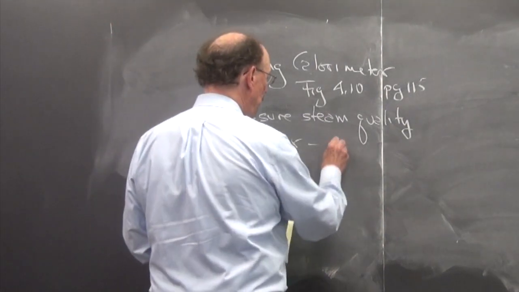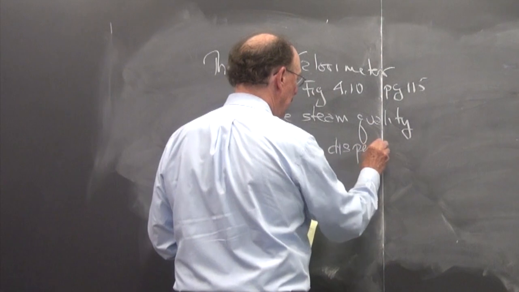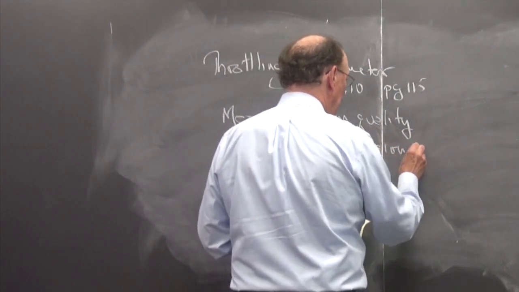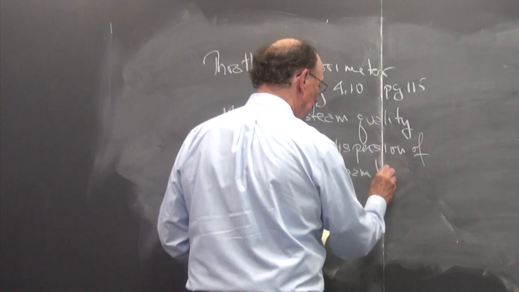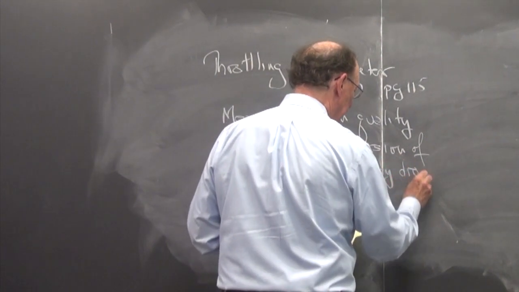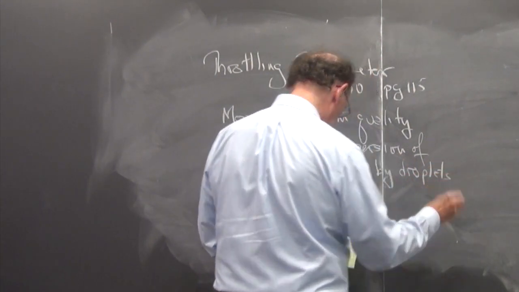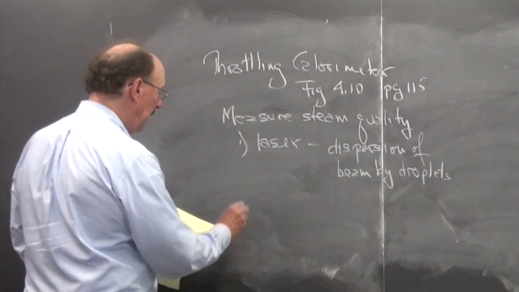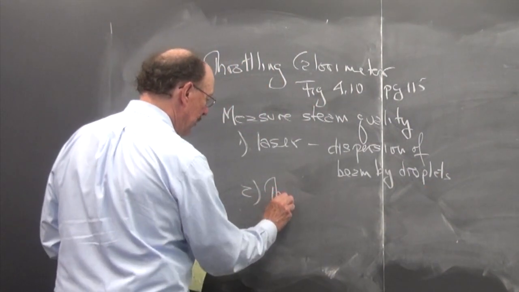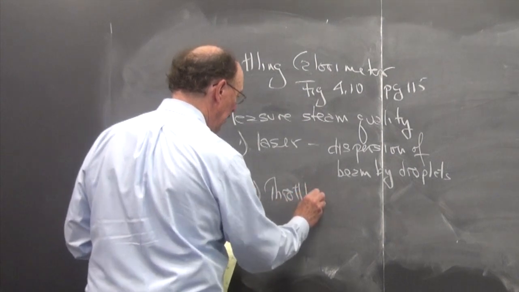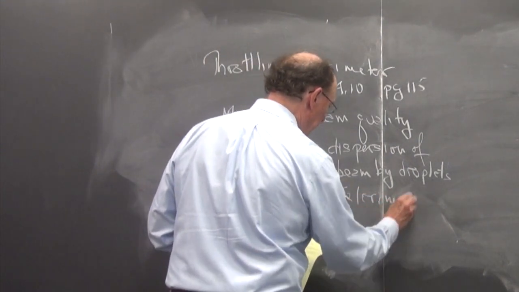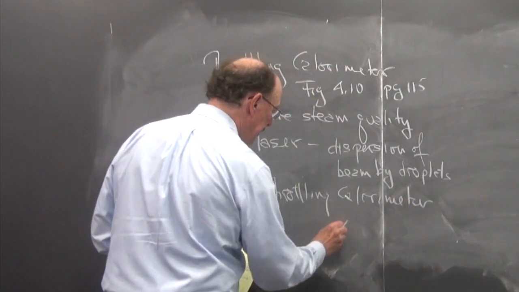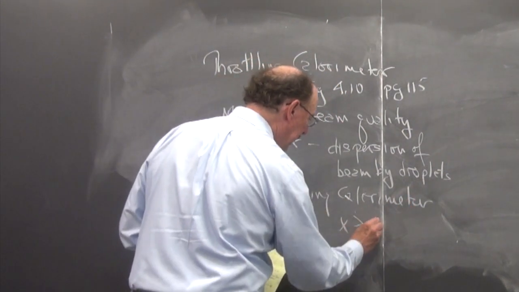So it's the dispersion of beam by droplets. And another way is with the throttling calorimeter. And here, it's typically X is greater than or equal to 95%.